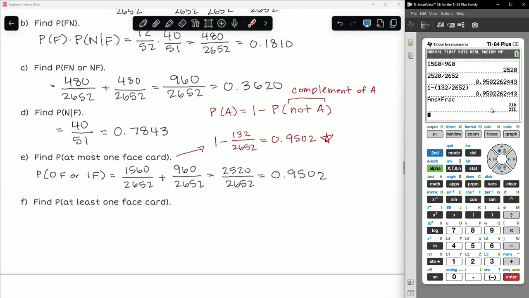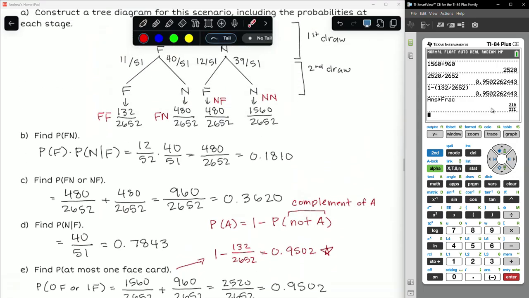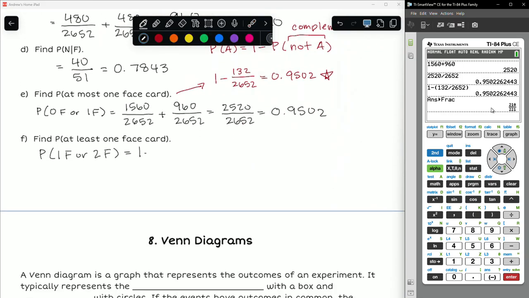A similar idea for our last example, it says P at least 1 face card. So this is 1 or 2. Whoops, I didn't mean to do that in red. And I'm going to do this with our complement trick. If I come up here and look for 1 face or 2 faces, that's all of this right here. The complement would be no faces. So I can do 1 minus the probability that I have no faces.